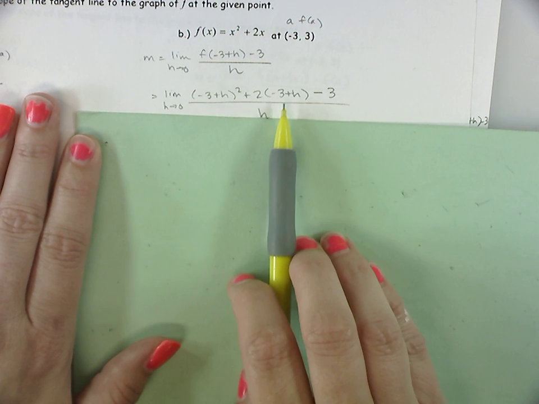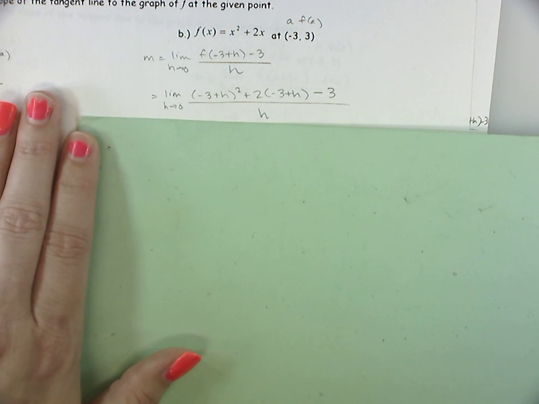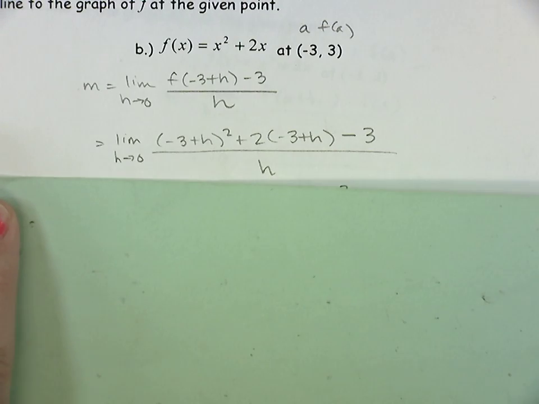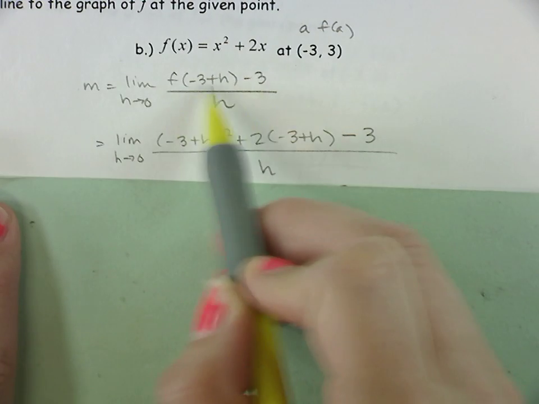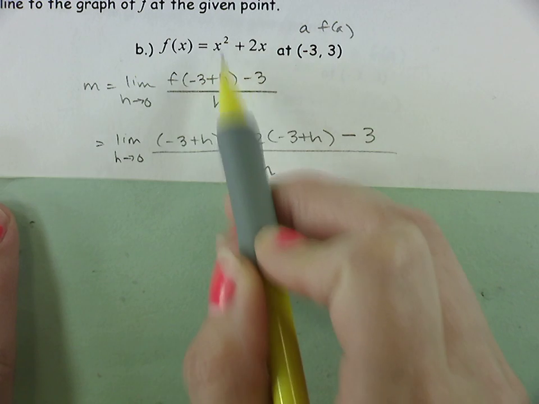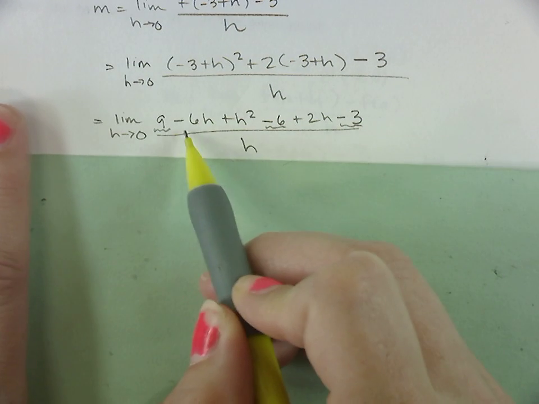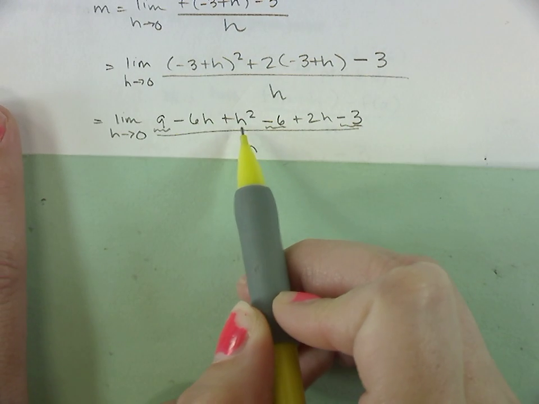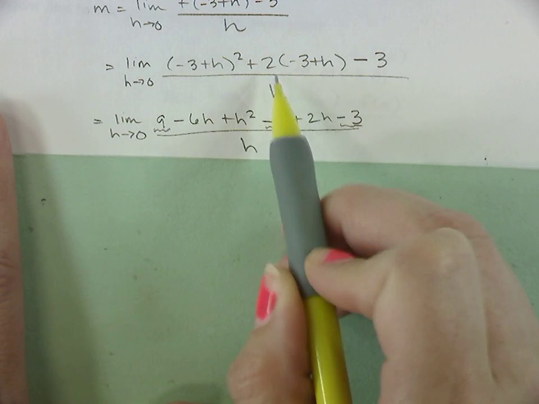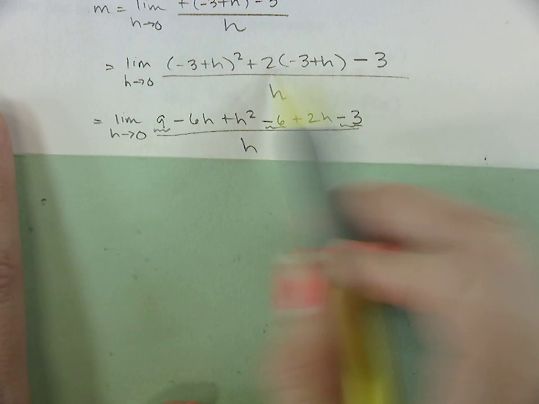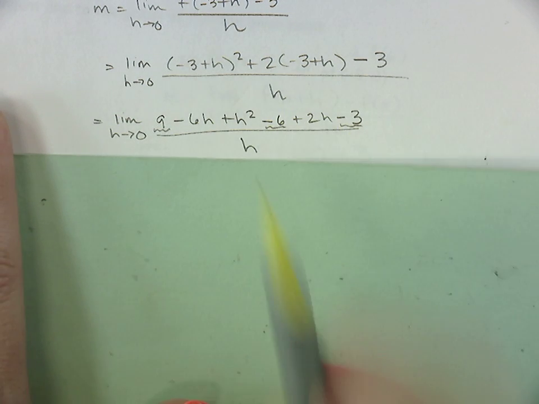You need your f of negative 3 plus h first. So the second part is just minus 3, and the first part is substituting in for x. If I do negative 3 plus h squared, I have to FOIL. I should get 9 minus 6h plus h squared, which is what we talked about in our bell work. Distribute: 2 times negative 3 is negative 6, 2 times h is 2h, minus 3 over h.